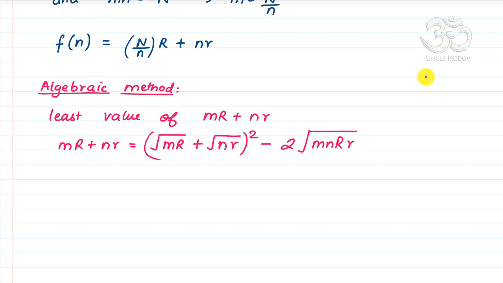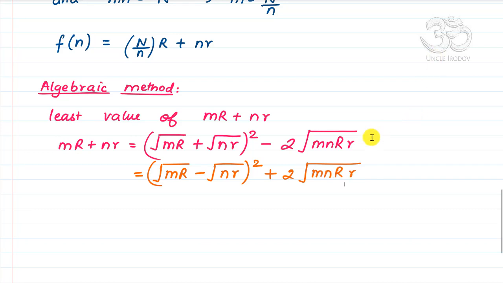Or you can write the same function as this orange one, root of mR minus root of nr whole square, and I'm going to get one extra term, so I will have to add 2 root of mnRr to throw it off, right? So I can write this equivalently in two different ways.